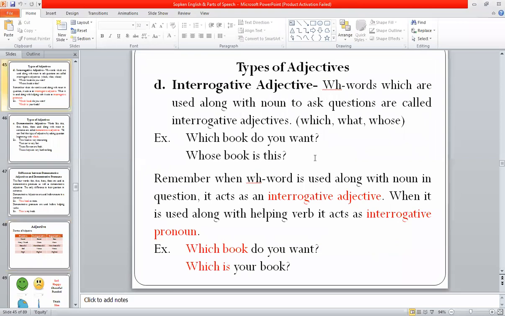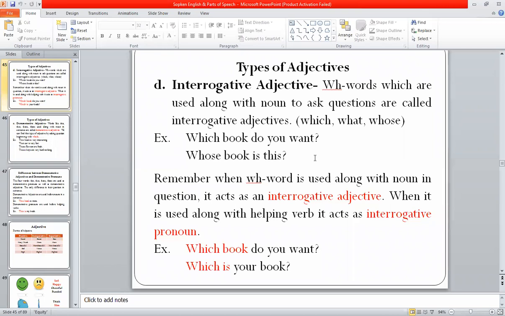And the fourth and last type of adjective is interrogative adjective. Okay, so interrogative adjective, how to identify them we will see. WH words which are used along with a noun to ask questions are called interrogative adjectives.